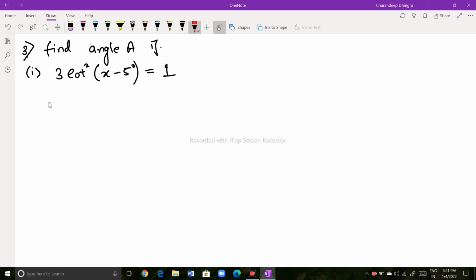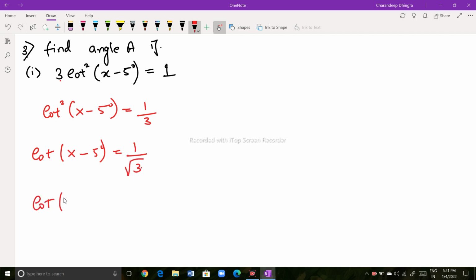We need to solve this one. So again we'll take this 3 on the other side. So we'll have cot square (x minus 5) degrees is equal to 1 by 3. Let's take the square root. So we get cot (x minus 5) degrees is equal to 1 by root 3. Now cot gives 1 by root 3 when it is cot of 60 degrees.